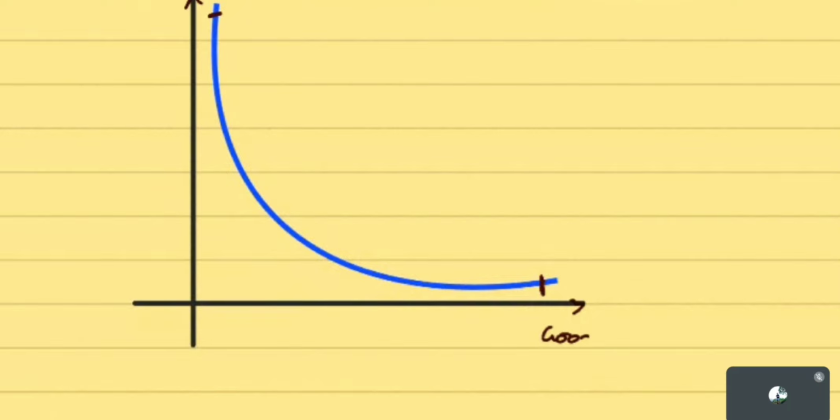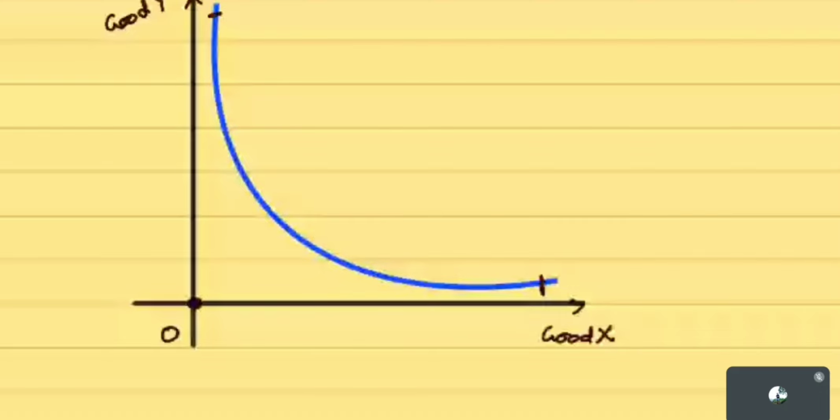Because in this case, this is our horizontal axis, we have good x and good y, and if you put good x as zero, then this curve is not touching the vertical axis.